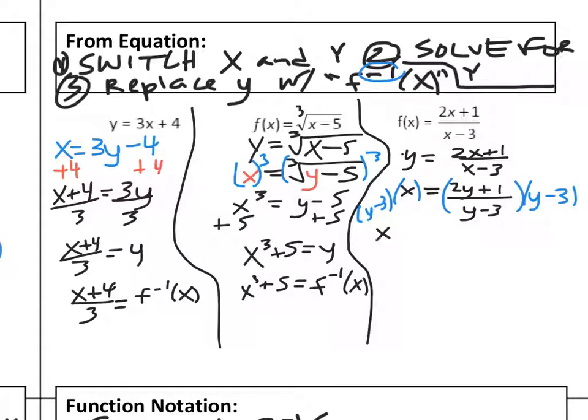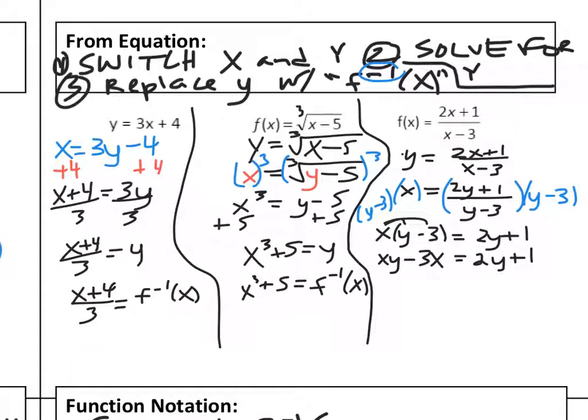So I get x times y minus 3 equals 2y plus 1. Now what I'm going to do is distribute on the left side. So I get xy minus 3x equals 2y plus 1. And you might want to write a note to the side what this next step is to remind yourself later.